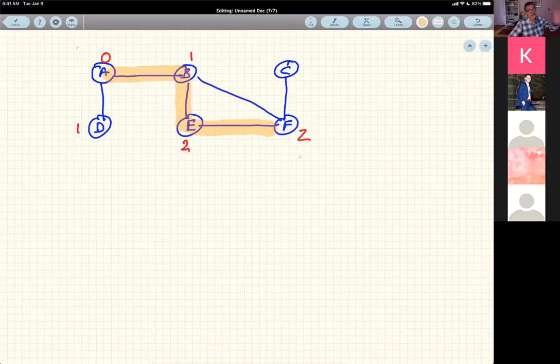But really, F is only 2 steps away. I could take a longer path if I wanted to, but it is shorter for me to go about it in this way. All right, so that's what I'm trying to figure out here, the distances. And then the distance from F to C is now 1. So it's whatever the distance was to get to F plus 1 in order to get to C.